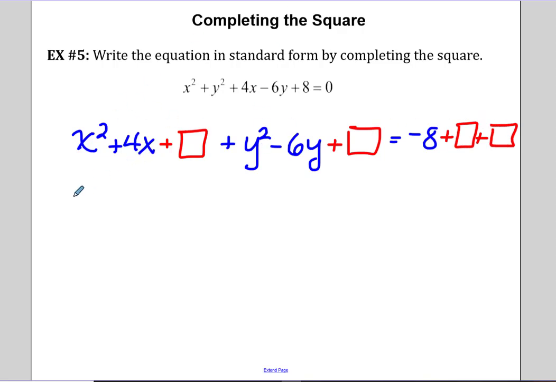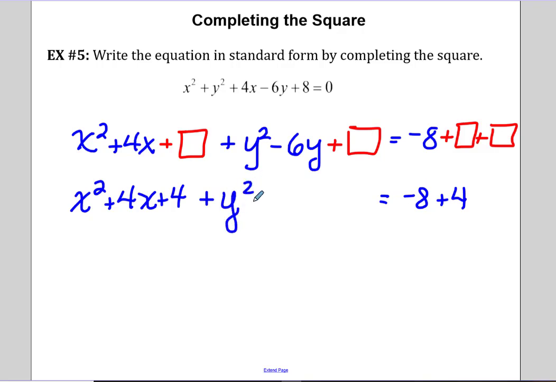So half of 4 is 2. 2 squared is 4. So we want to add a 4 over here to the -8. And then the y terms, half of -6 is -3. Squared is 9, so we want to add a 9 to that side.